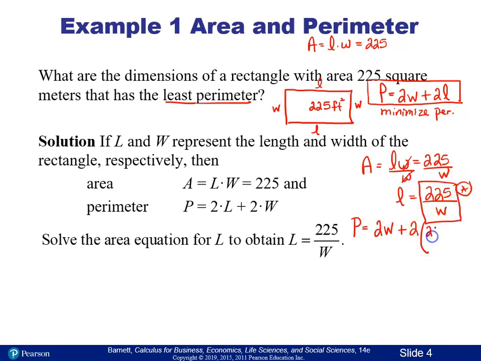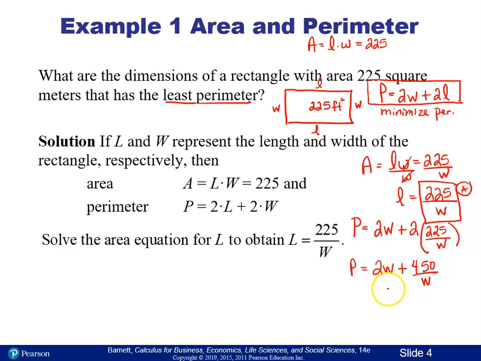So the length is 225 over W. Okay, we'll simplify this as much as we can. 225 times 2 is going to be 450 over W. So we want to use one equation to solve for one of the variables and substitute into the equation that we want to minimize or maximize. So now we have the perimeter in terms of just a single variable.